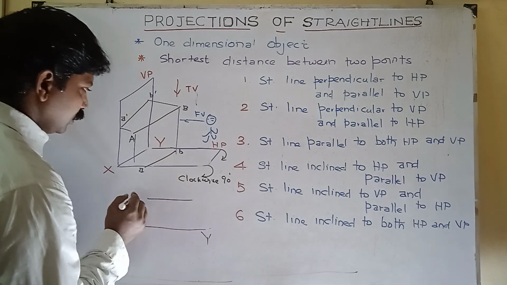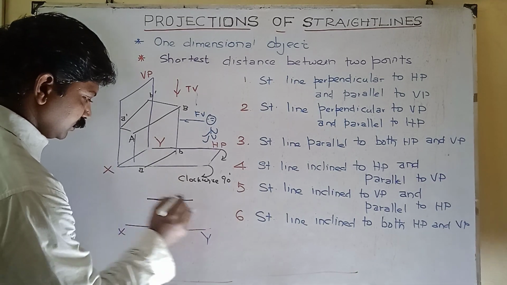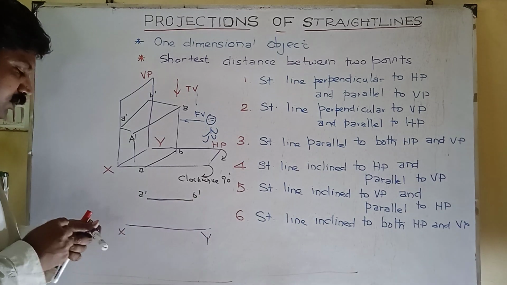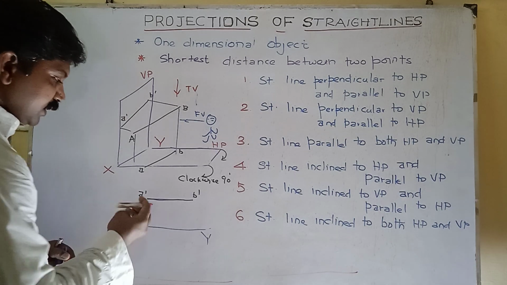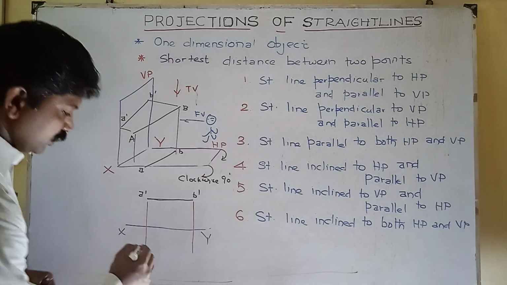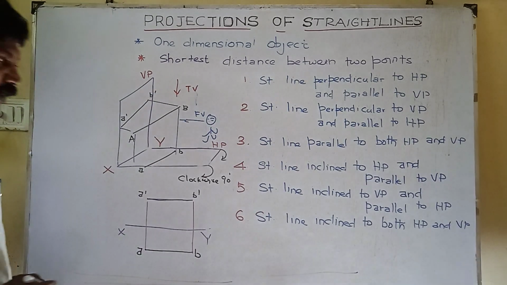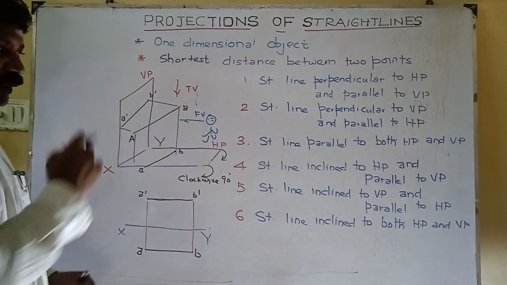Front view a dash b dash. Top view also a straight line AB. Okay, it is the third standard position of straight line.